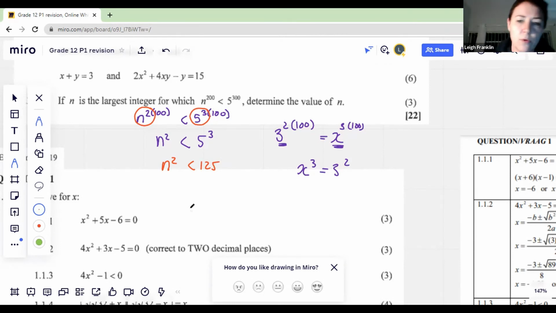So now, what are we going to do in our next step? Anybody know? What would we do at this point? Are we going to take the 125 over to the other side? Okay, if you took the 125 over to the other side, what would you do after that? If I did this, don't the inequality signs change?